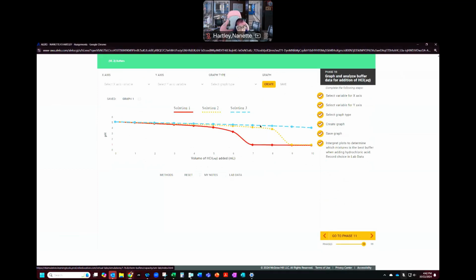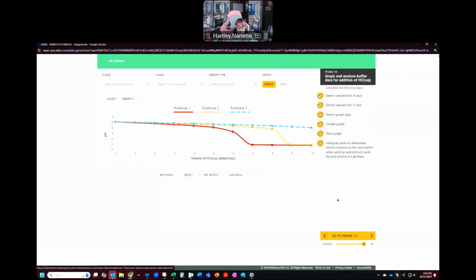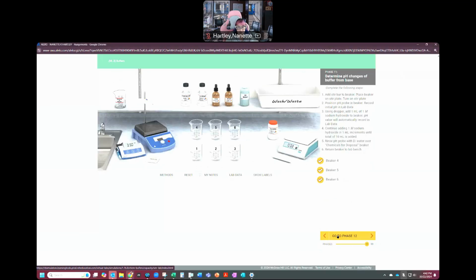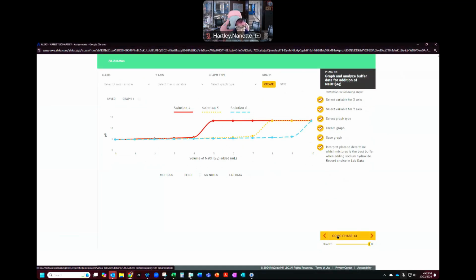So obviously we're looking for the best ratio of acetic acid and sodium acetate, and the most capacity for both of those should give you the best buffer solution to be able to work with both of those things. So doing it in both capacities for sodium hydroxide and hydrochloric acid.